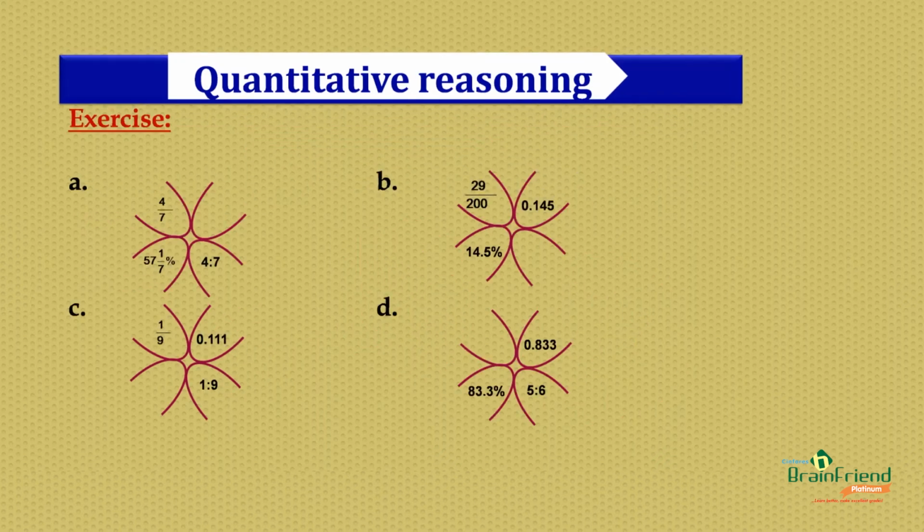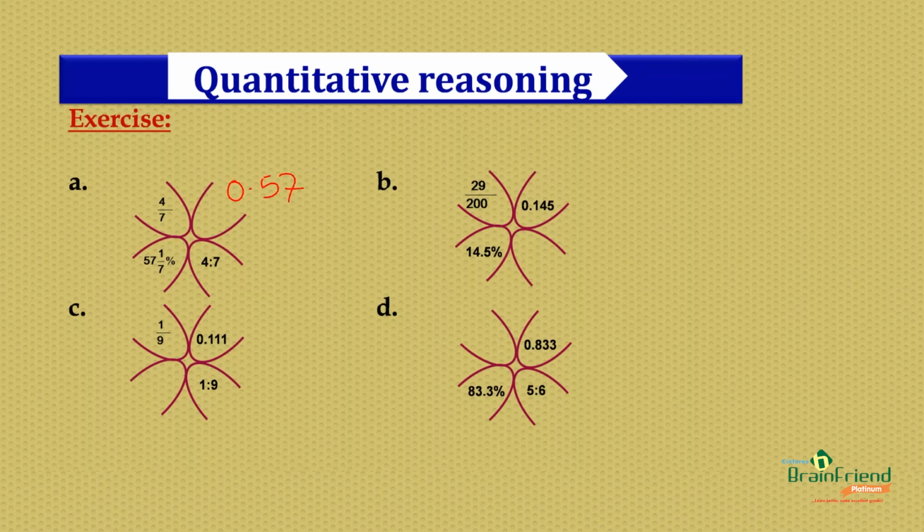Having seen those samples, you have some exercises to practice with. So do well at this point to pause the video and try them yourself. I'm sure you are done. The correct answer to exercise A is 0.57.